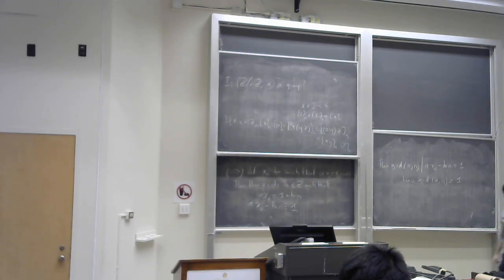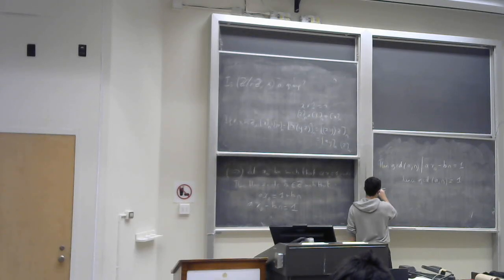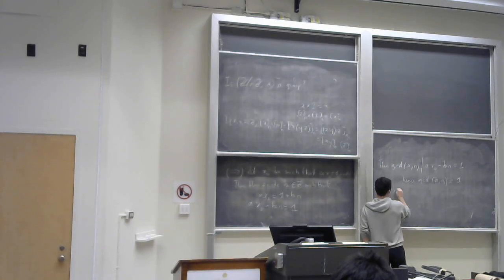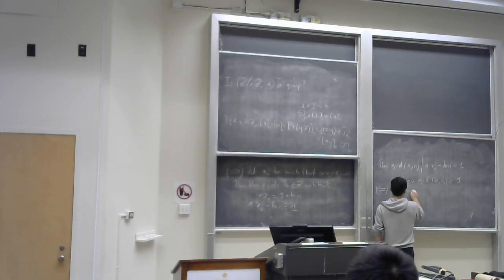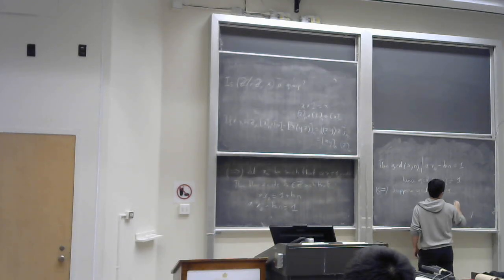Okay? One way is proved. Now I have to prove the other way, which is almost the same, you can just go backwards. Suppose that the GCD(a, n) is equal to 1.